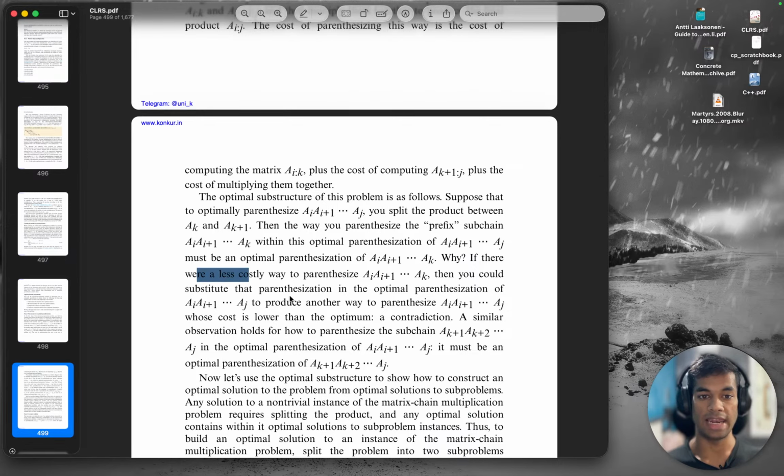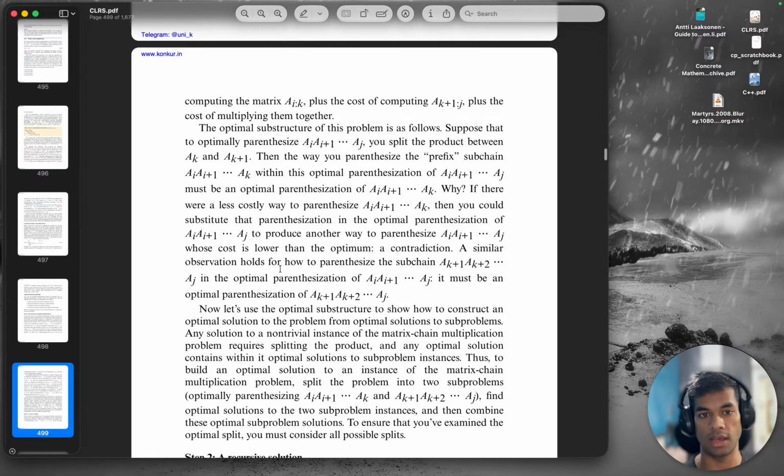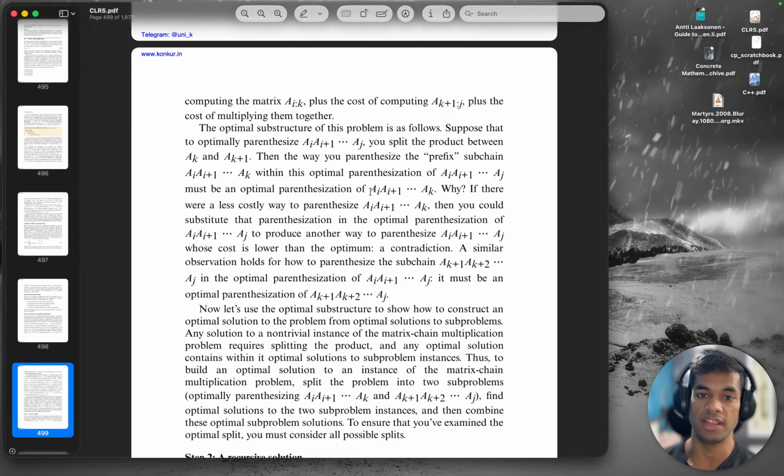If there were less costly ways to parenthesize ai to ak, then you could substitute that parenthesization in the optimal parenthesization of aij to produce another way to parenthesize a from i till j, and that would have a lower cost than the way that you are doing it right now. So by contradiction, this is proved.